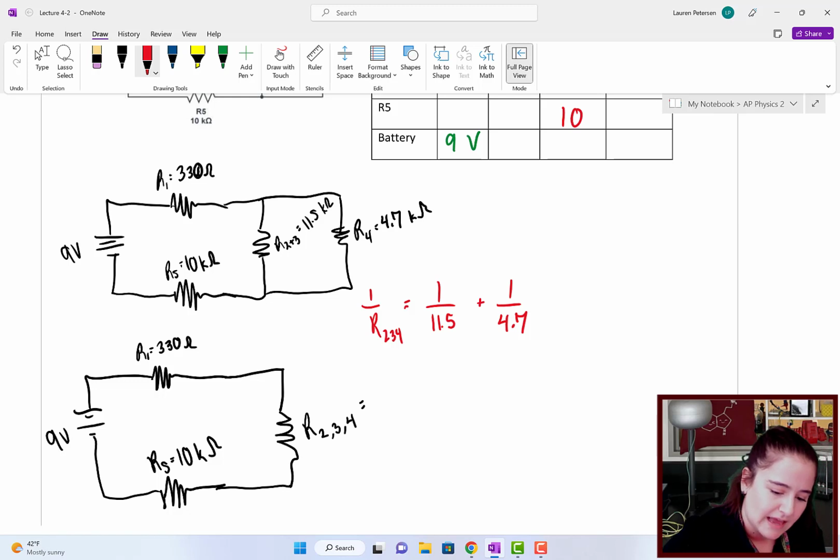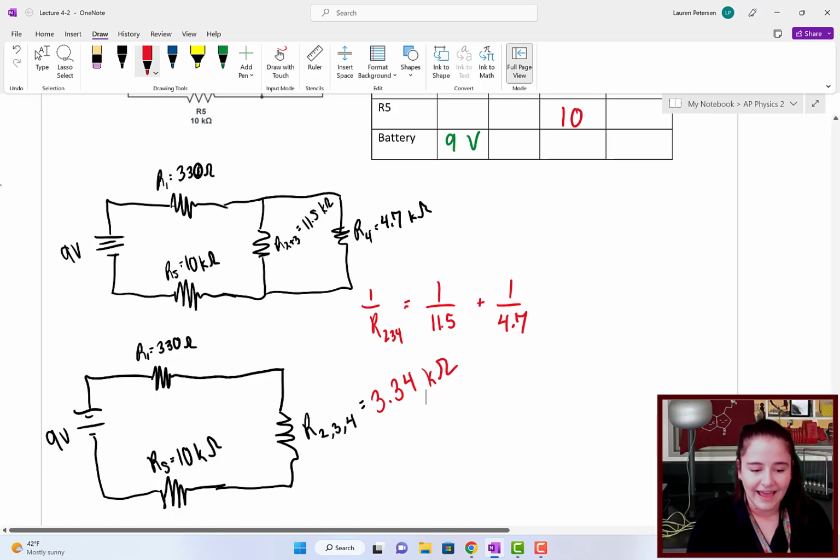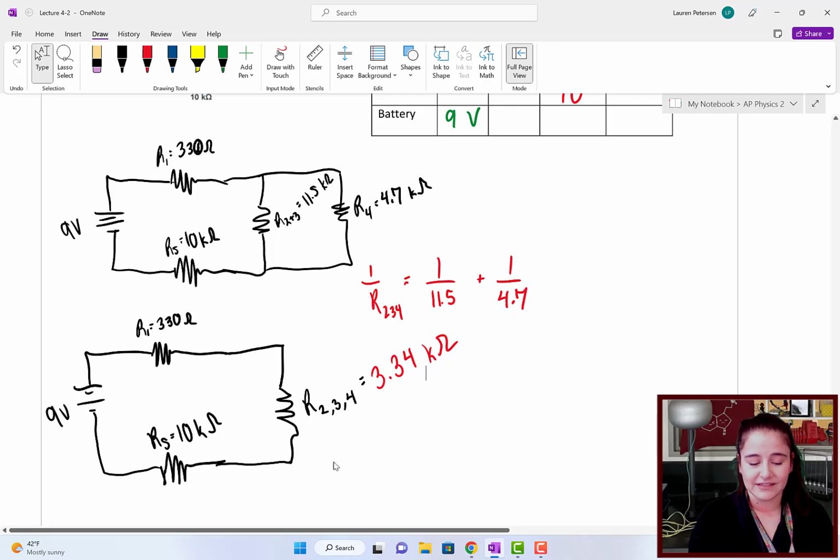So I'm going to go ahead and say 3.34 kilo ohms.